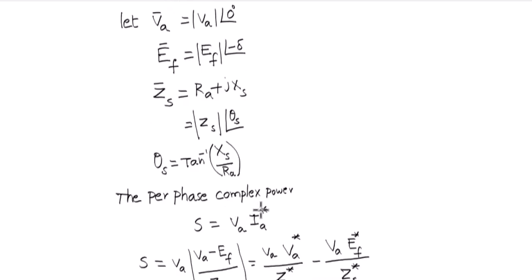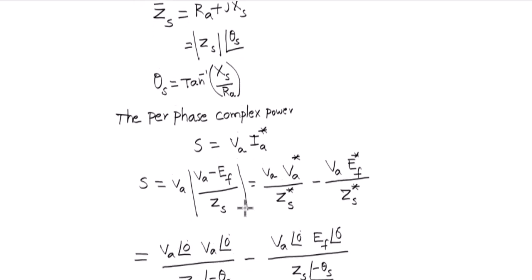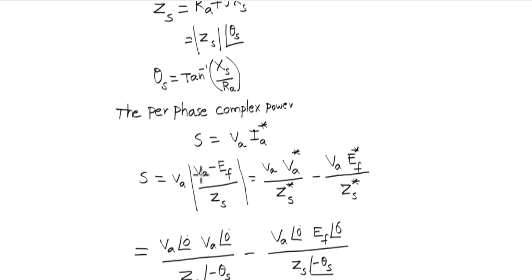Then the per phase complex power for this motor can be written as S is equal to VA IA star. Expanding this, the armature current or the stator current per phase can be written as VA minus EF divided by ZS.